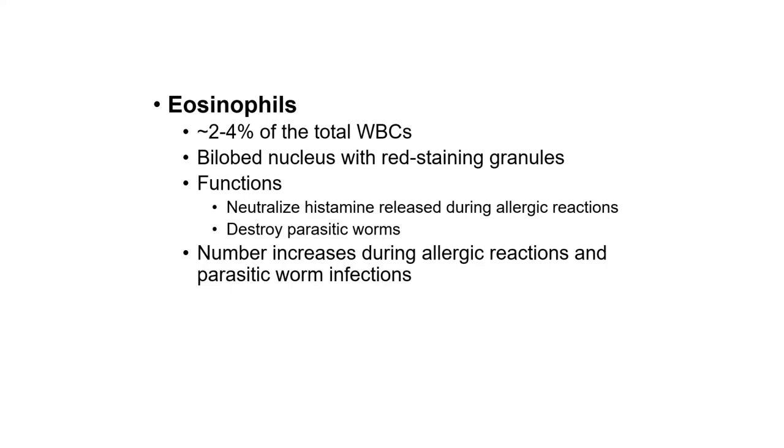And they also deal with it if you get some type of parasitic worm. They also would be called in for that. They also deal with collagen diseases and diseases of the spleen and central nervous system. Although they are not super prevalent in the blood, they are abundant in mucous membranes of the respiratory, digestive, and lower urinary tracts.